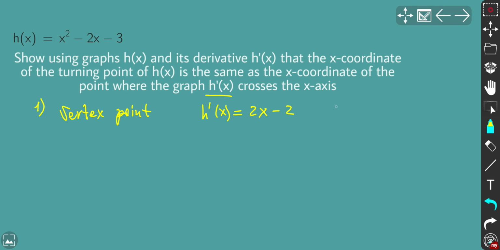Okay, at the vertex point, you equate h prime of x to 0, because the gradient is 0, and that means you'll find that it's 0 at x equals 1. Okay, so that's a pretty fast track. And if you plug h of 1, so you plug that x coordinate into your function, you'll get the y coordinate corresponding to the vertex. So it's going to be -4, and that's why the vertex coordinates are (1, -4).